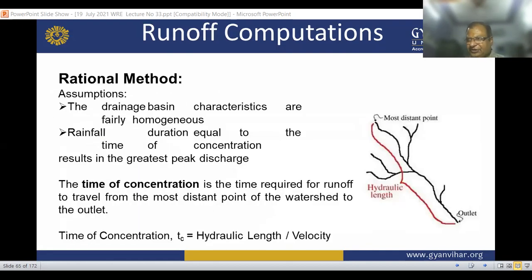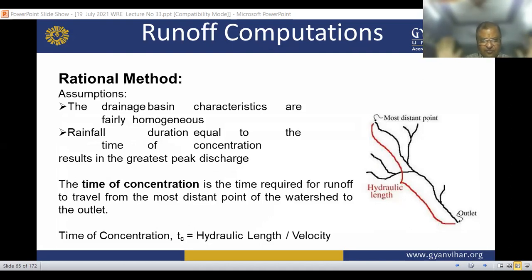Now runoff computation. So rational method assumption: the drainage basin characteristics are fairly homogeneous, and rainfall duration equals the time of concentration, resulting in the greatest peak discharge.